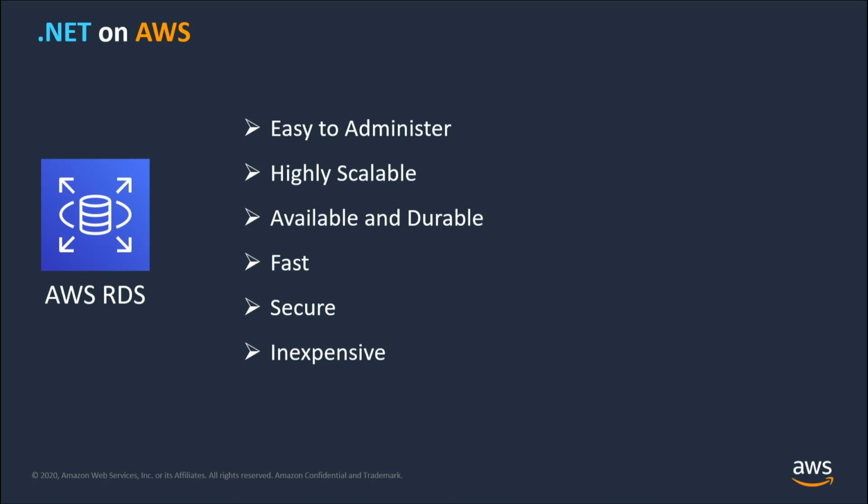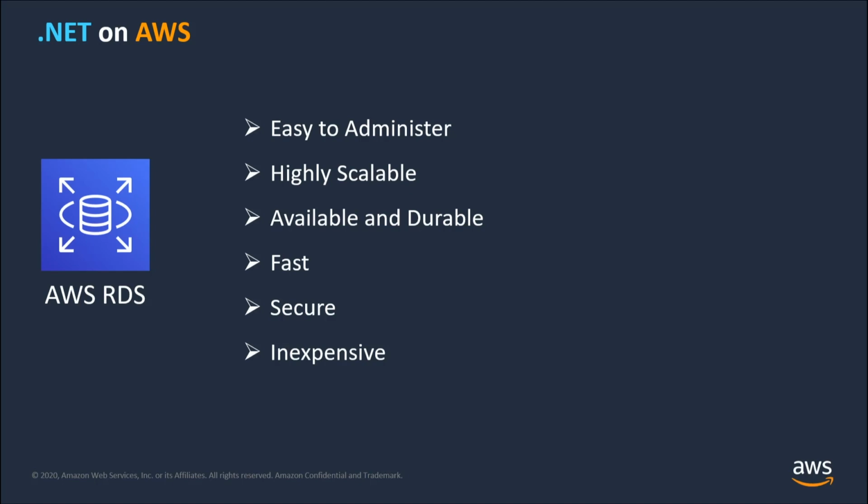Amazon Relational Database Service, also known as Amazon RDS, is a managed service which makes it easy to set up, operate, and scale a relational database in the cloud. It provides cost-efficient and resizable capacity while automating time-consuming administration tasks such as hardware provisioning, database setup, patching, and backups.